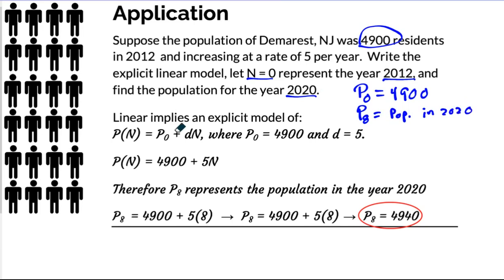So the explicit model is P of n equals P0 plus D times n. We've established that P of 0 is 4,900, and it's increasing at a rate of 5 per year, so the D is 5. And this is our explicit model, or our function.